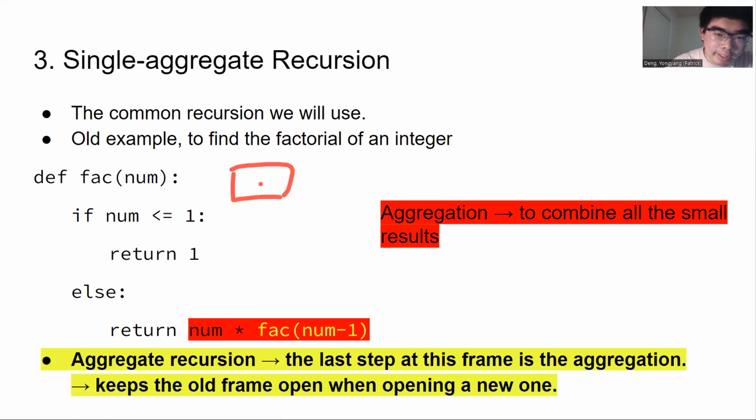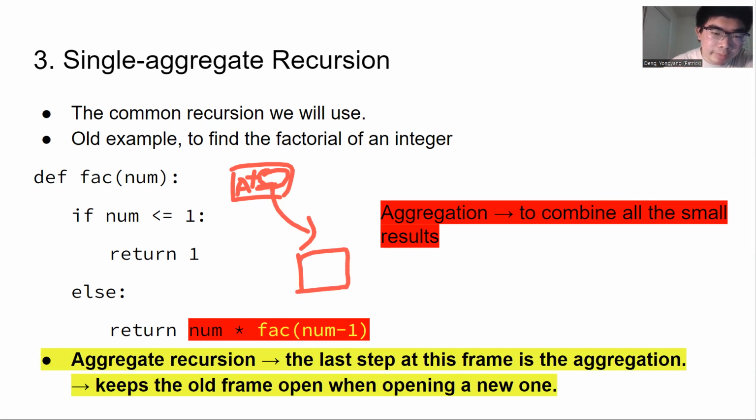Suppose I have a frame and I have the recursive call here, and then the last step is something like a number A plus the recursive call. When you hit the recursive call, you have to evaluate what the function call returns.